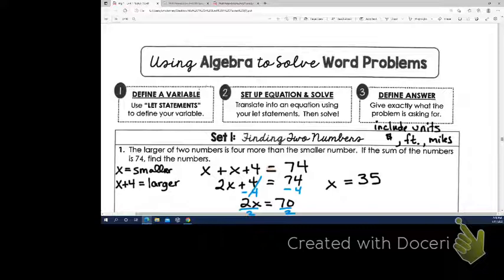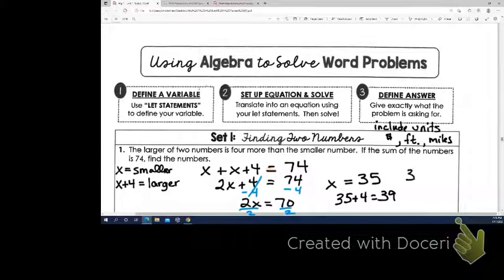Now, I've solved it, now I'm down to the end. I need to give exactly what the problem is asking for. It says find the numbers with an S, right? Plural. So this is the first number. And then the second number, 35 plus 4 is 39.